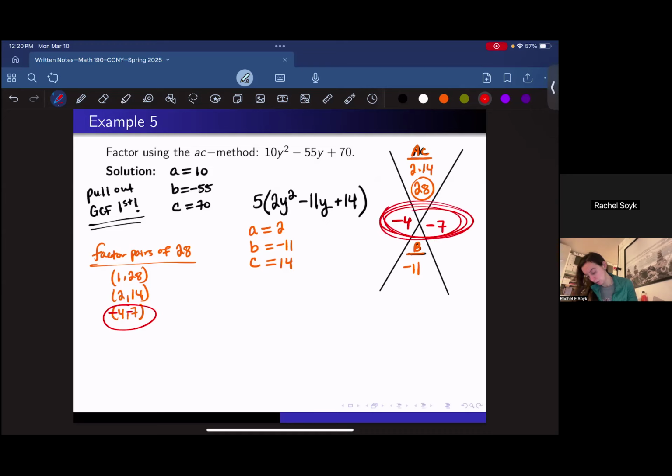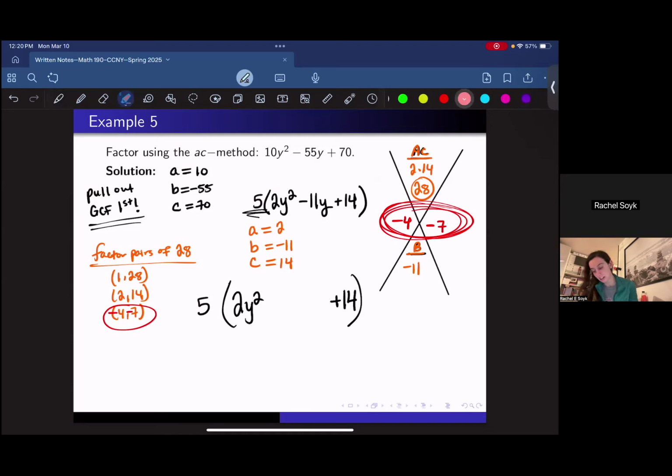This is our key for factor by grouping. We're not going to forget about this 5. We're going to put that off to the side here. But then in the middle, we keep the first value the same, our 2y squared, and we keep that last value the same, that plus 14.